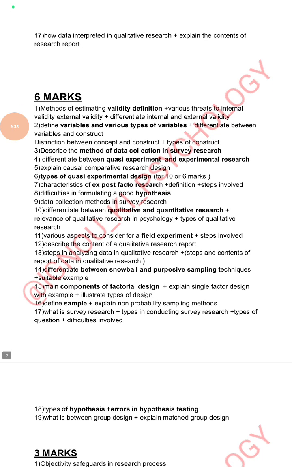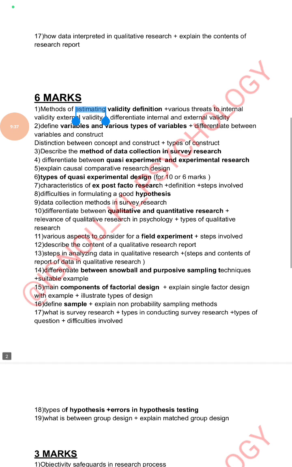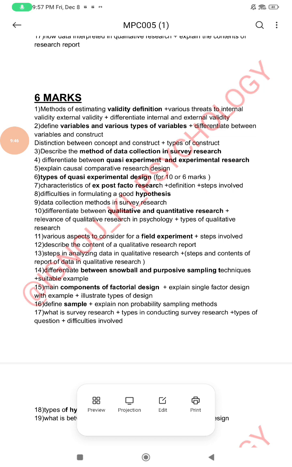Now let us come to the 6 marker questions. Question number 1, methods of estimating validity, various threats to internal validity and external validity, differentiate internal and external validity. See, again this is a very broad question.